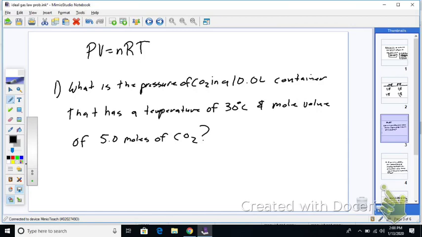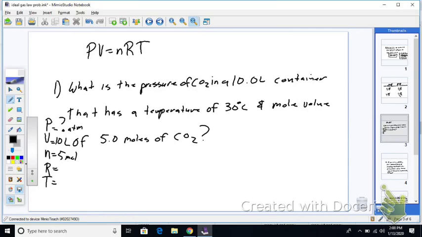What I like to do off to the side is write PV equals nRT, and then pick those out. What's the pressure? That's what we have to find, in atmospheres. What's the volume? 10 liters. Moles? 5 moles.